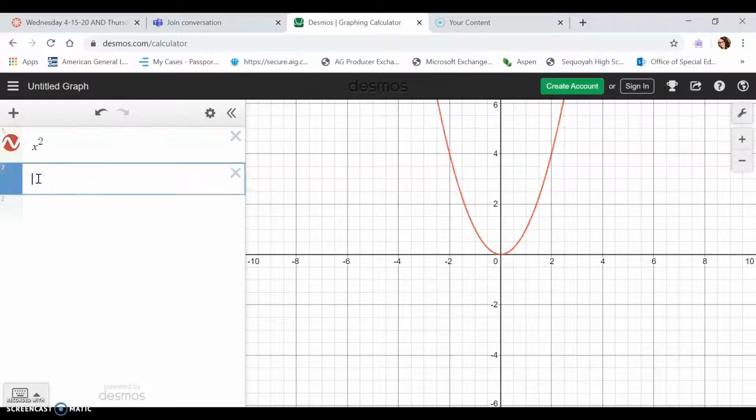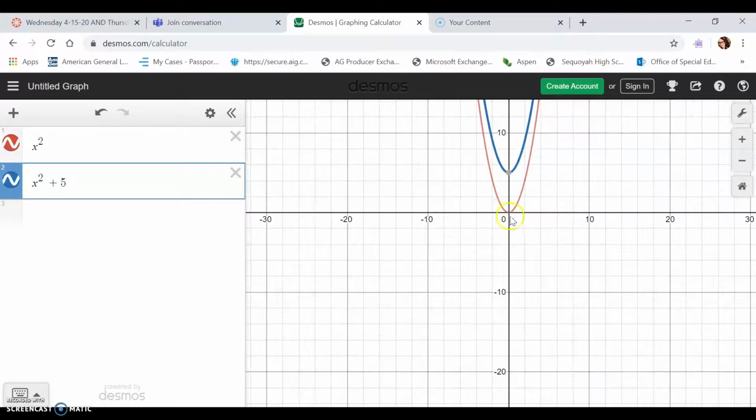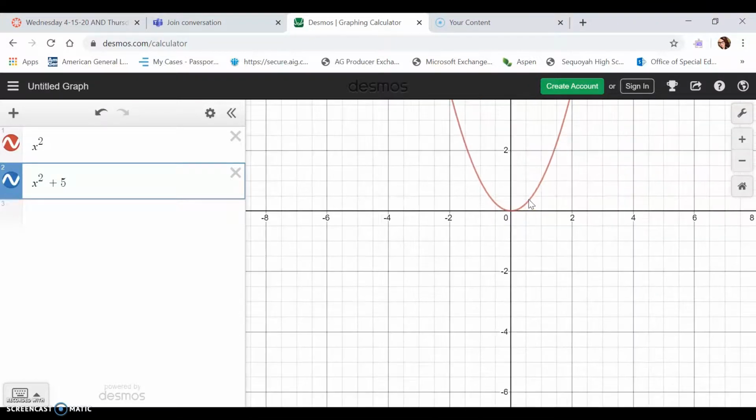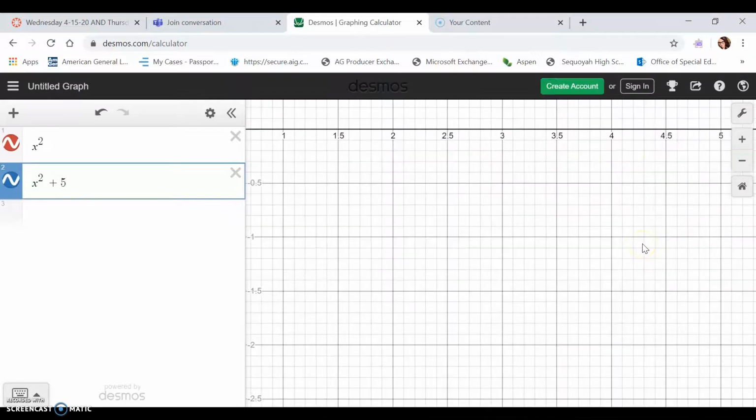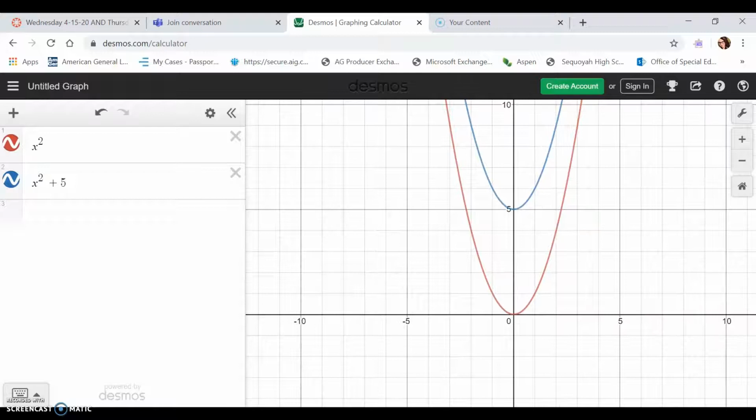All right, and if we want to make it x squared plus 5, looking at the graph, do you see how from red to blue, red is your parent function, the one you started with, to blue, it's moving it up 5 units. Sorry, my mouse is not, there we go. So it went up 1, 2, 3, 4, 5 units. And that's exactly what we said it would do.